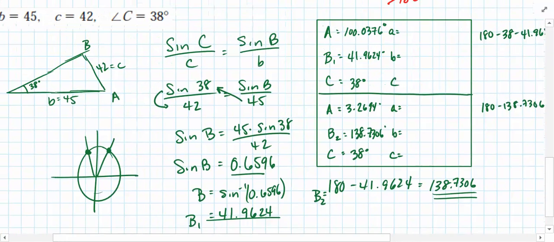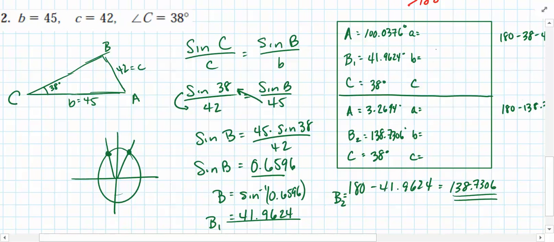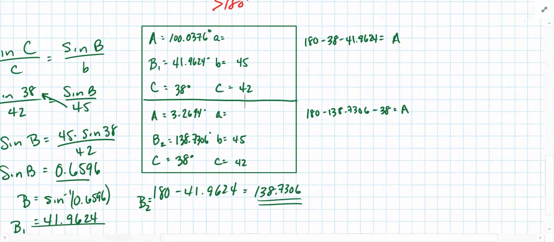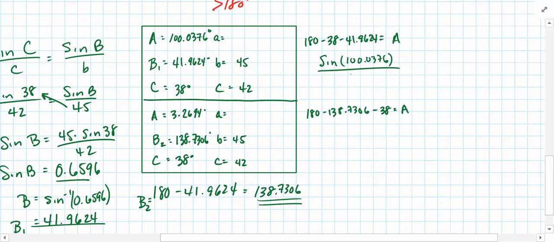Let's find those missing sides. Now in both cases, B is equal to 45 units in length, and C is equal to 42 units in length. So all we need to do is find side length A. Now I know that sine of 100.0376 divided by A in this first case must be equal to sine of 38 divided by 42.